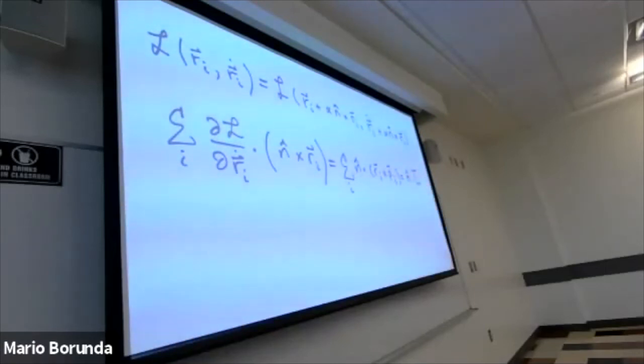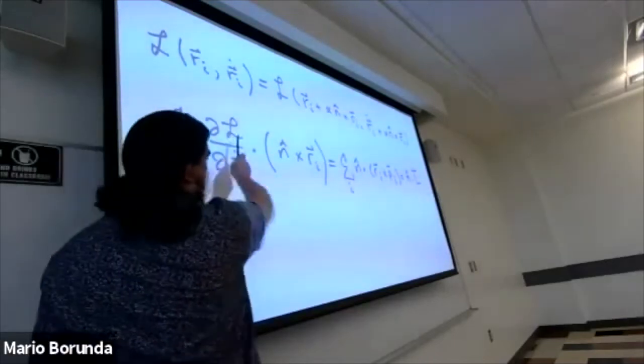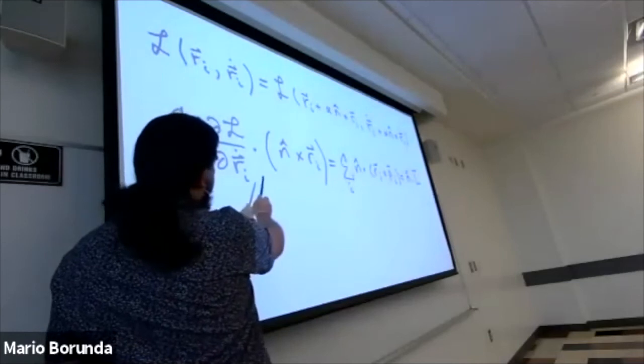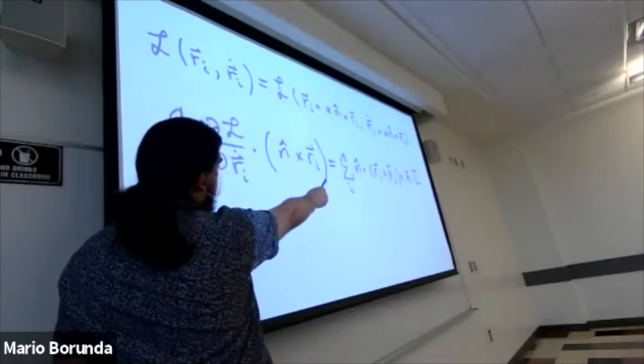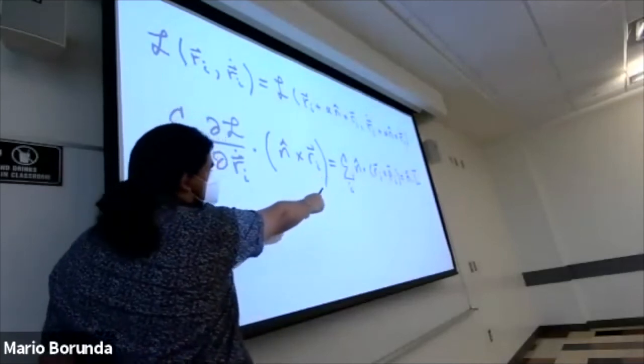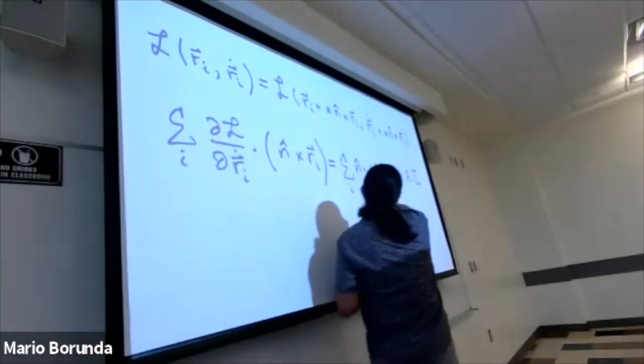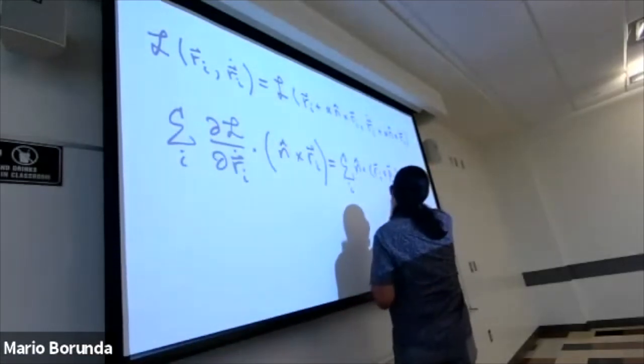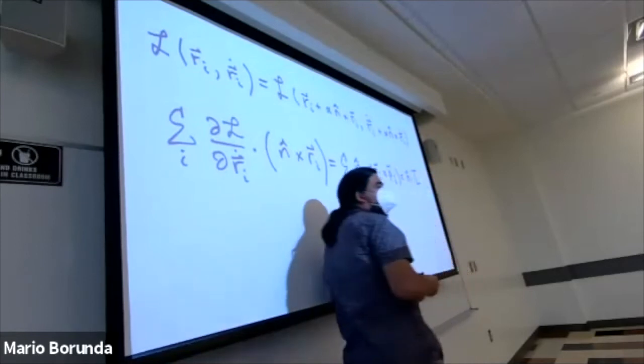All right, so here I try to be careful about what L and the Lagrangian are. If you look at this equation, you can rewrite it like that. And that last term right here, this is just describing the angular momentum.